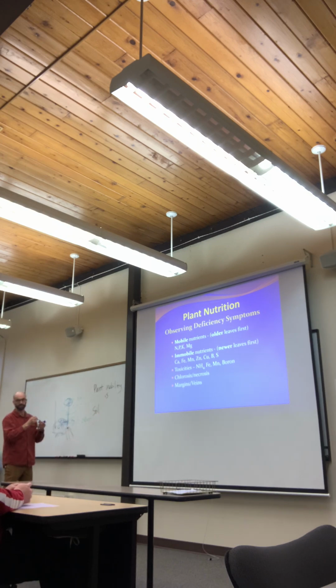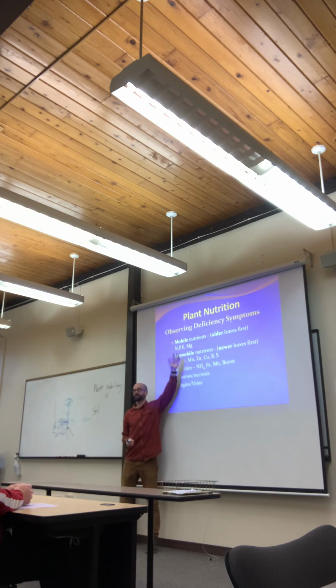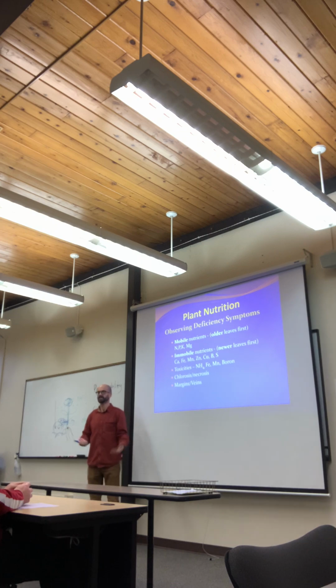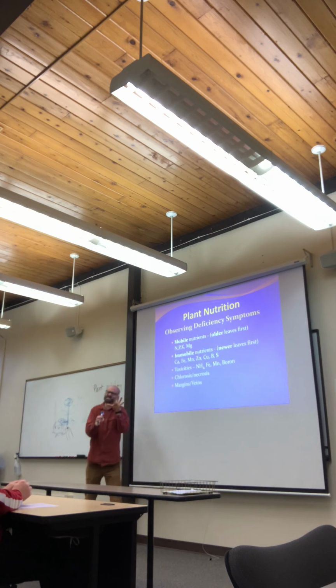Nitrogen happens to be one that's mobile in both places. Phosphorus is mobile in the plants, but not in the soil, for example. And potassium is mobile in the plant, and marginally mobile in the soil.